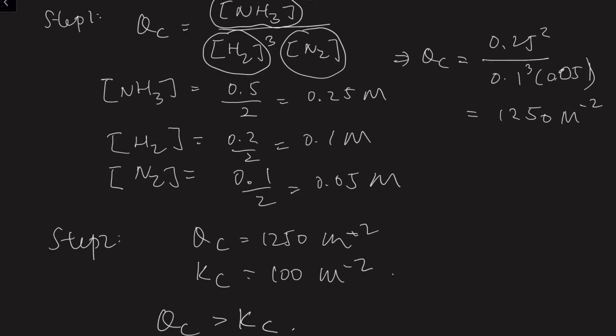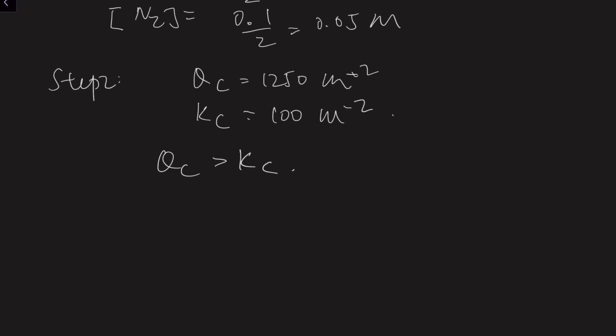And now we know that the concentration fraction is too big relative to the equilibrium constant. Therefore, we need to somehow make it smaller. How to make it smaller? Well, you need to reduce the concentration of your product and increase the concentration of your reactants. So you favor the reverse reaction.